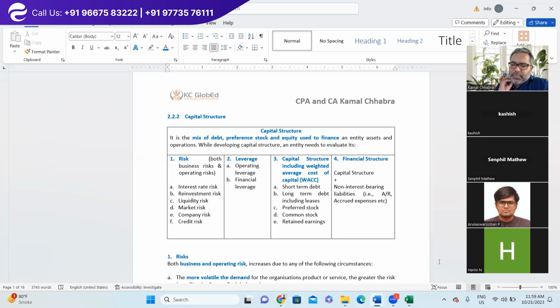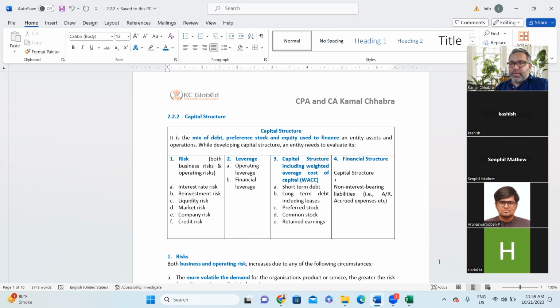The next topic we'll be understanding is the financial structure, right? Financial structure is very simple. Your capital structure plus any non-interest bearing liability like account receivable or accrued expenses, or I would say prepaid expenses.